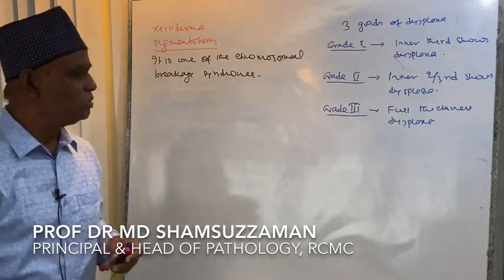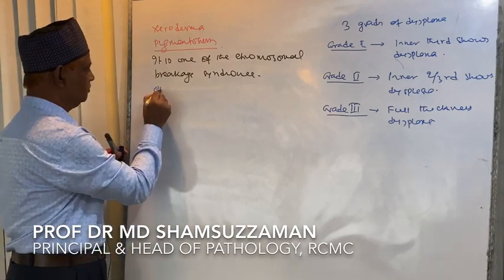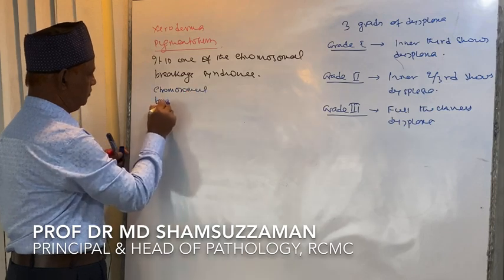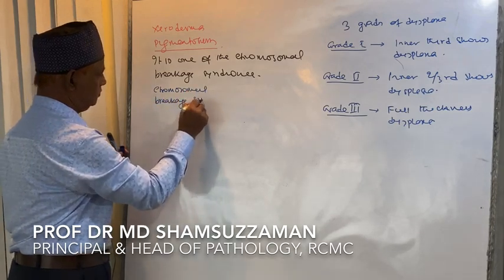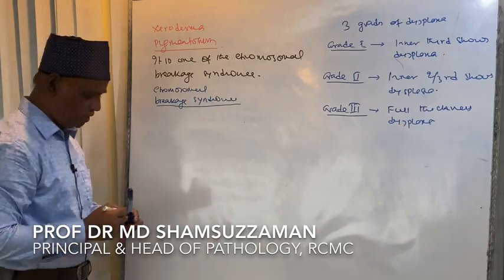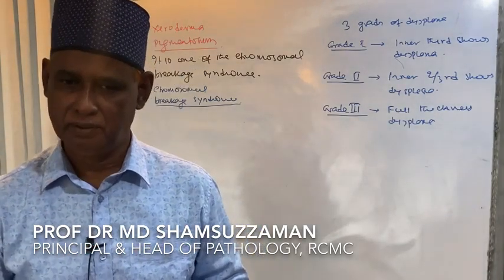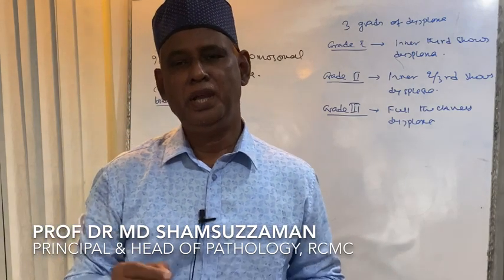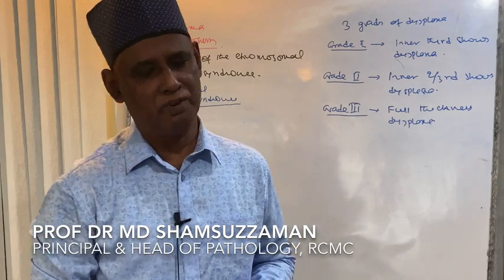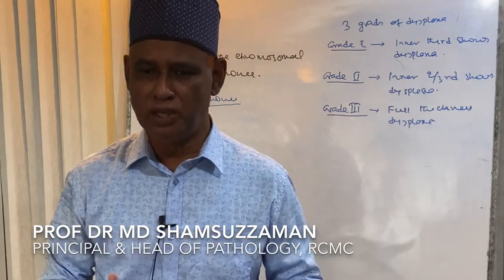Dear audience, now come to chromosomal breakage syndrome. What we mean about chromosomal breakage syndrome? Dear audience, when we expose to light, you know, DNA undergo damage. Again we come back from the bright light to dim light. The damaged DNA is repaired by endonuclease enzyme.